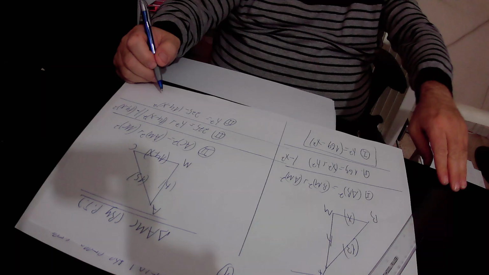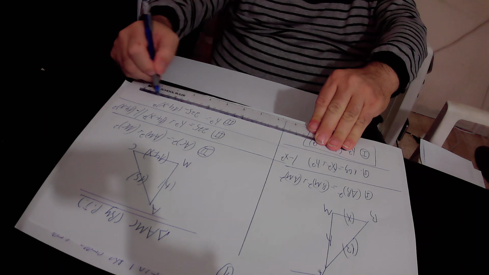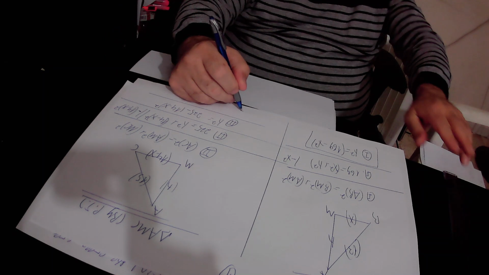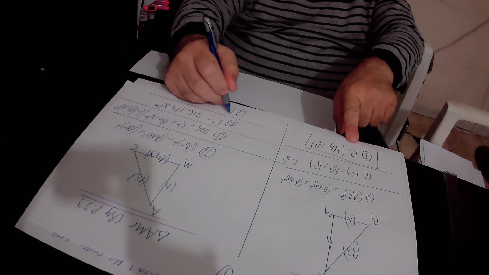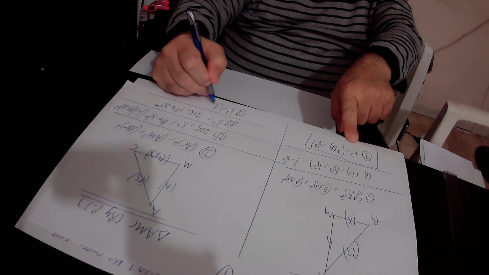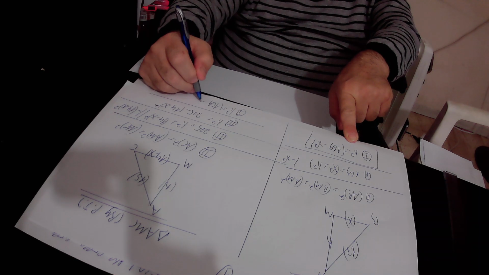This is according to equation number 2. While according to equation number 1, we have already found out that h squared equals 169 minus x squared.